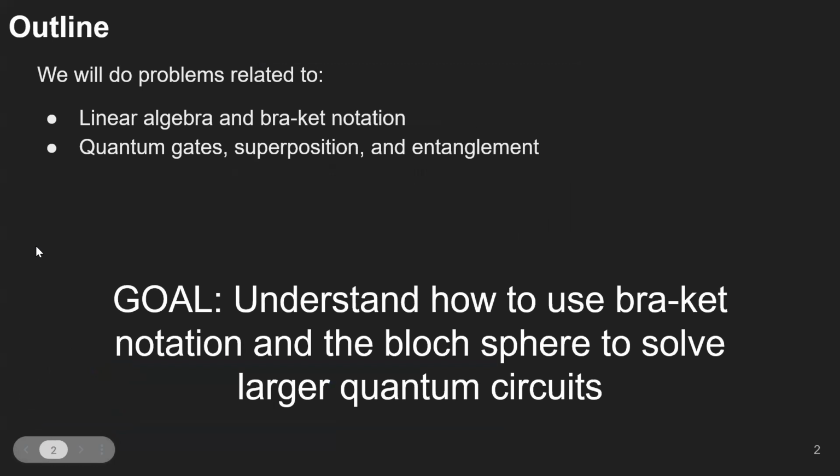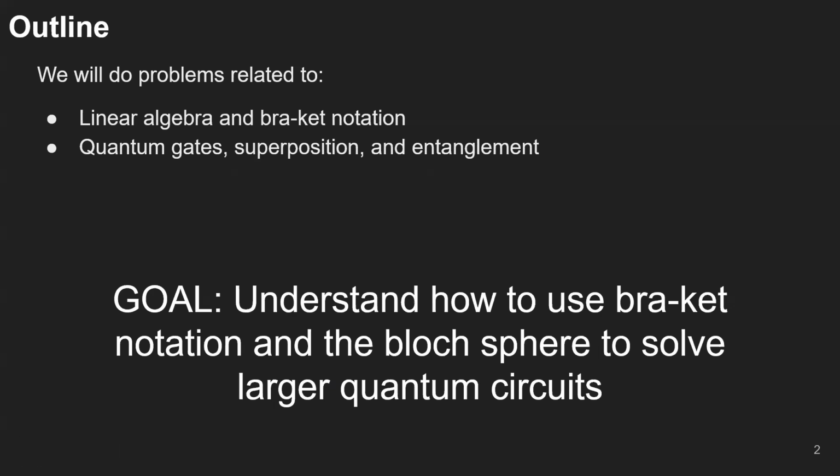So this is just the outline, not much to it, but we're basically just going to do some quantum circuit practice problems, and this will involve the following concepts. If you don't know what any of these are, that's totally okay. We're going to go through them together before we get into the practice problems, and we will also have you working in groups.